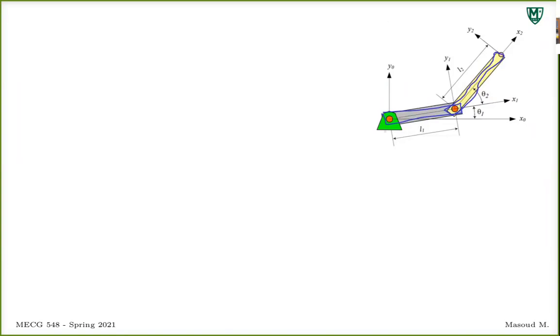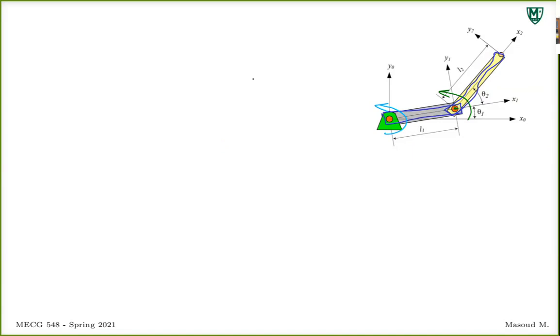This one rotates around this point, and this one rotates around this point. So we have two revolute joints. There's a rotation. It's a planar motion. Everything is in an XY plane.